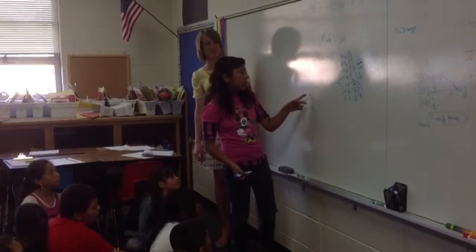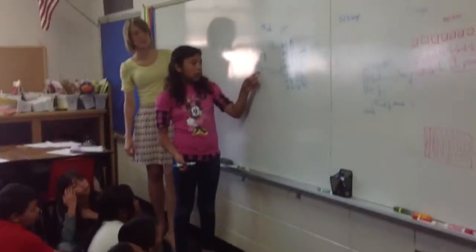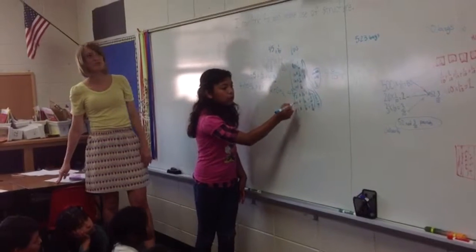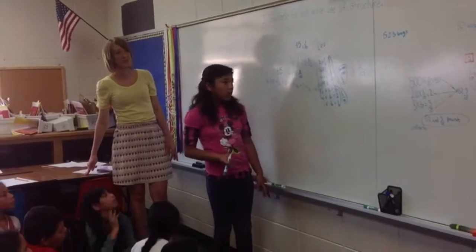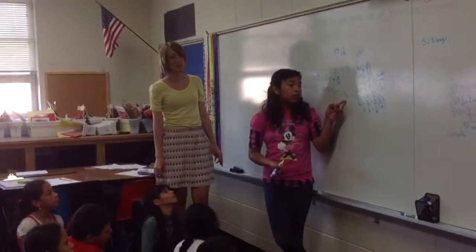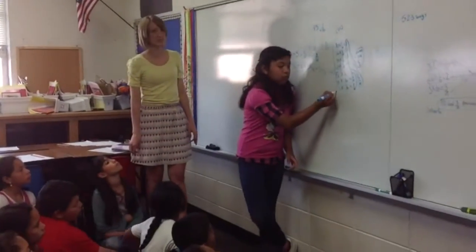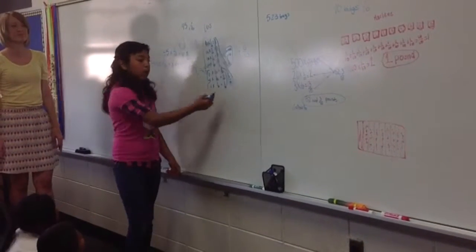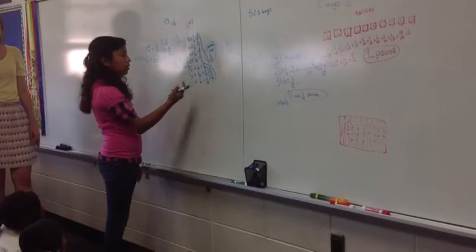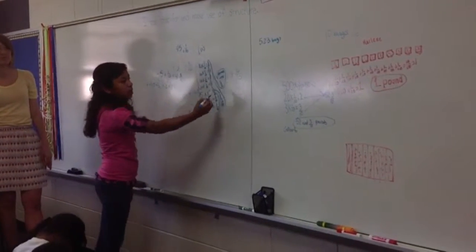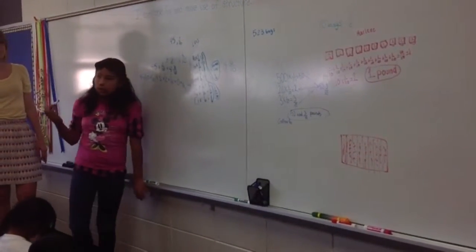And then plus the 2 times 2 times 1/10 over here, there are only 2 groups of 2 times 1/10. And then the other one, that will be 1 times 1/10 over here. And there's only 1. So the answer will be 1/10. And if you add them together, it will be 4 pounds and 5/10.